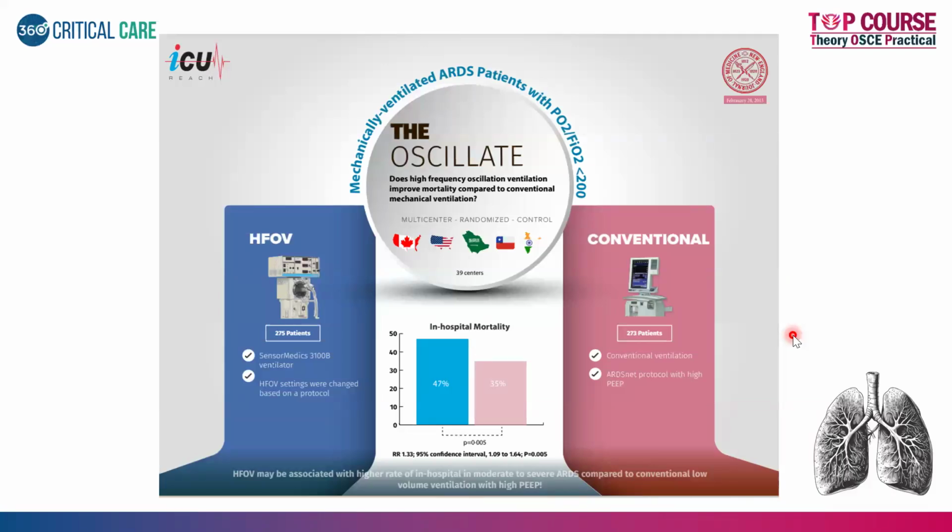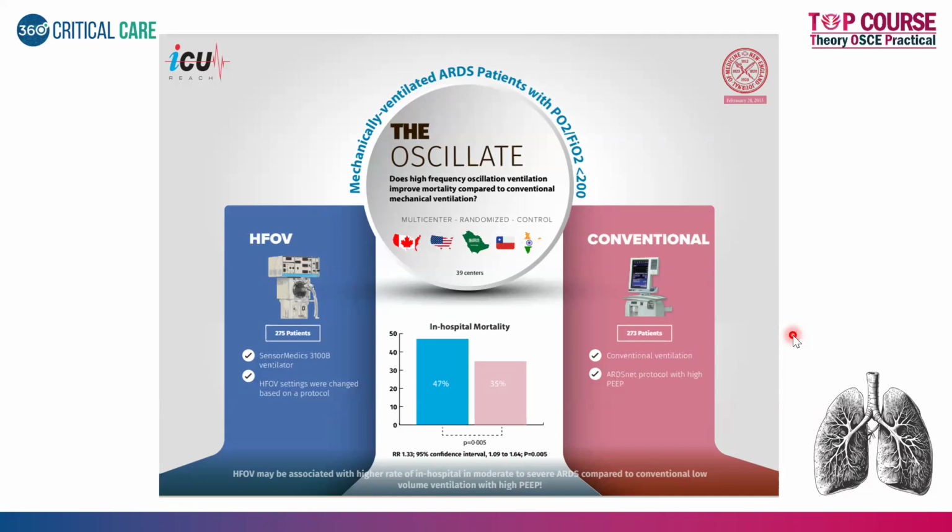One of the other important things is this included a few centers in India as well. They used a SensorMedics 3100B ventilator, wherein the ventilator settings were set on a protocol which was followed across all centers.